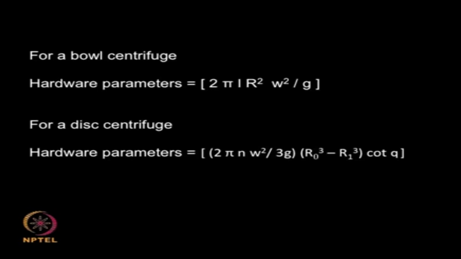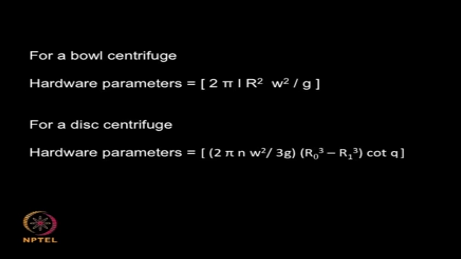Now let us recall these hardware parameters for the bowl centrifuge as well as the disc centrifuge. I have shown this particular set of equations in the previous class. So for a bowl centrifuge the hardware parameter is like this, where L is the height or the length of the centrifuge, R is your radius of the bowl, and this is your revolutions per minute, whereas in the disc centrifuge the equations become slightly more complicated because you have several inclined discs.